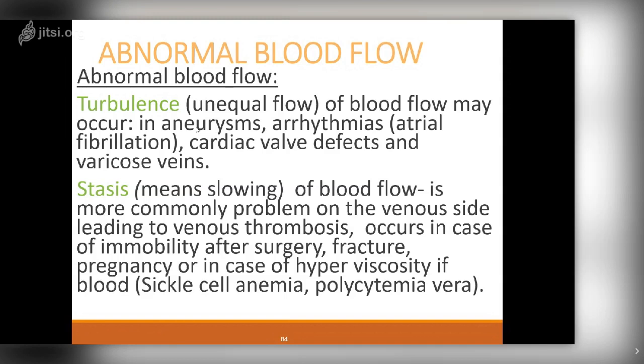Also, for example, patients who have hyperviscosity of the blood, for example, in case of pregnancy, or patients who have sickle cell anemia or some malignancies of blood with increased hematocrit, they also have slowing down of blood flow, and that's why a tendency for thrombosis.